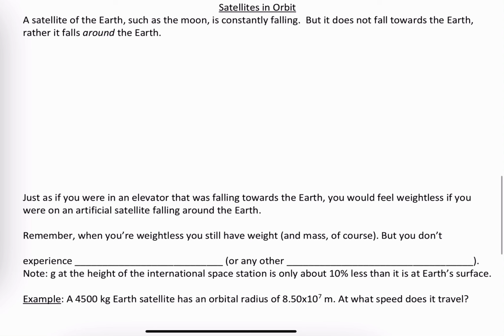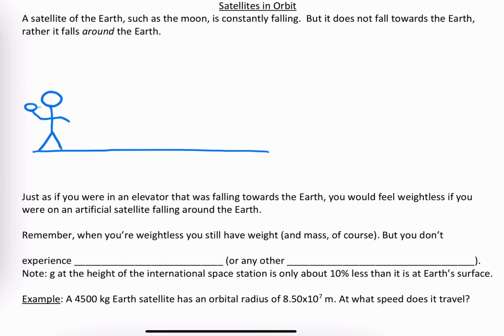So let's start with a bit of a picture of that. Here's the ground. Here's you. You've got a ball. You're going to give that ball a toss. And if you throw it, the ball's going to do something like that.